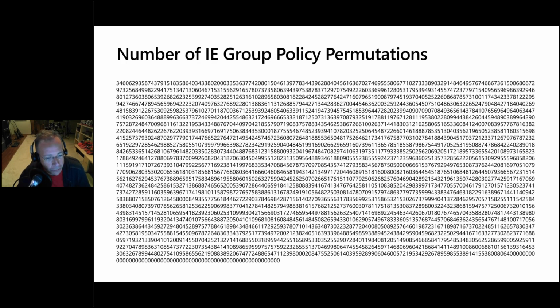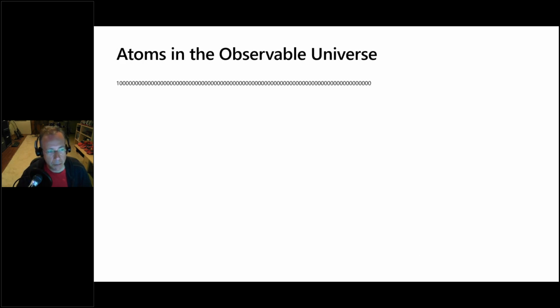This is the actual number of different ways that our customers could be configuring the browser at the time, obviously a couple of years ago. To put that number into perspective, that's the number of different permutations of group policy. That is the number of atoms in the observable universe.